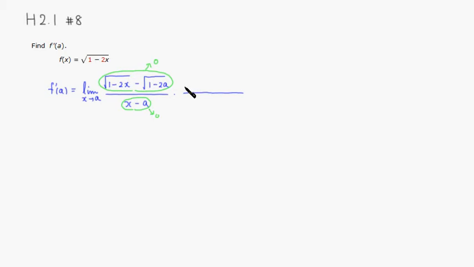We multiply top and bottom by the square root of 1 minus 2x plus the square root of 1 minus 2a. We put exactly the same thing on the bottom as well, so that we don't change the quantity. Go ahead and multiply it out.